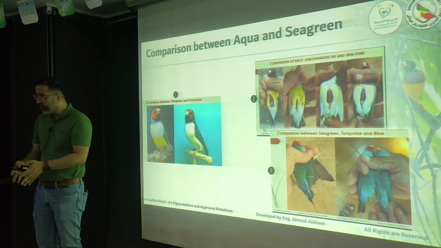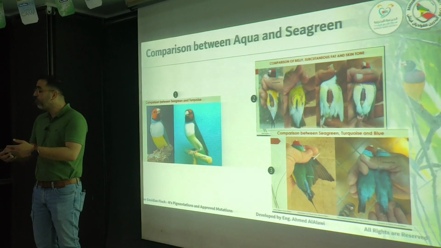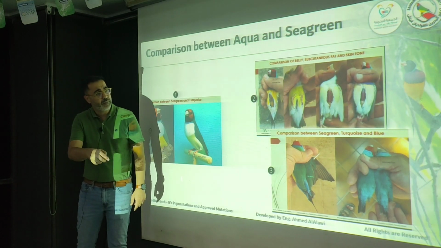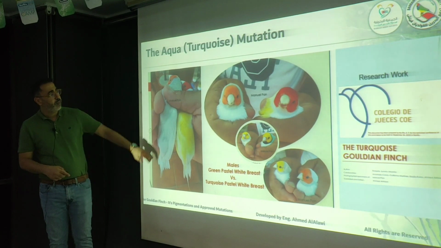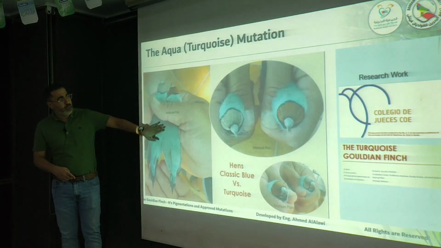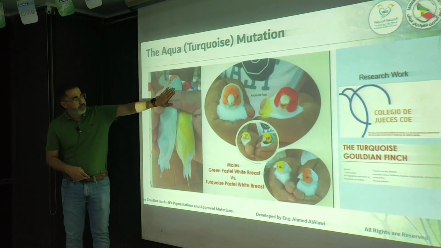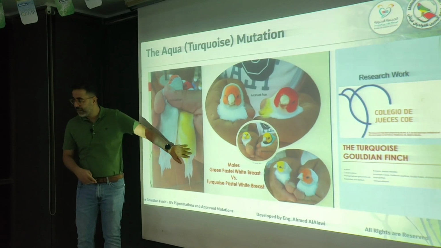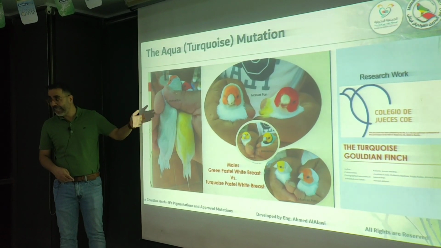The result will still be green. Split to aqua, maybe you will get chicks that look like this one. You will get this. It's not possible for you to get that. So this is possible. This is pastel aqua.